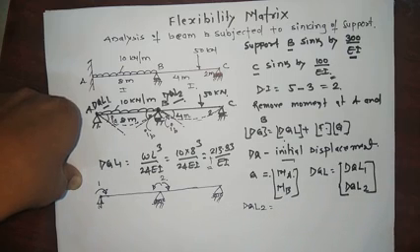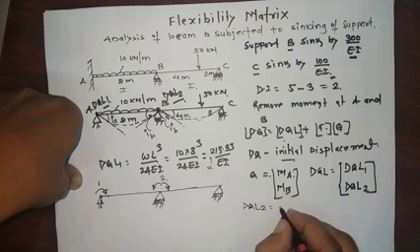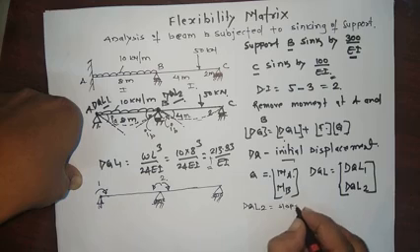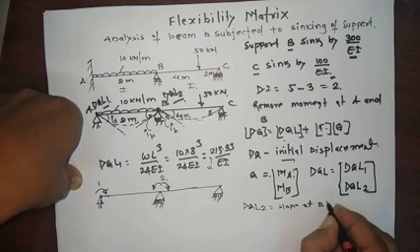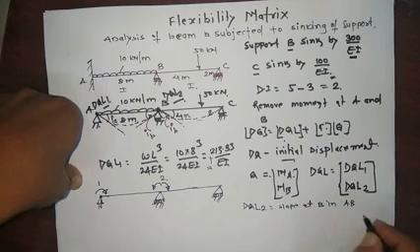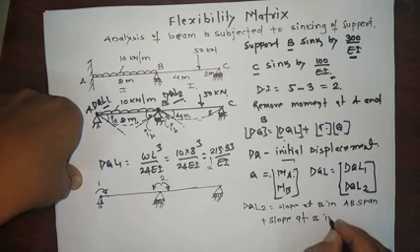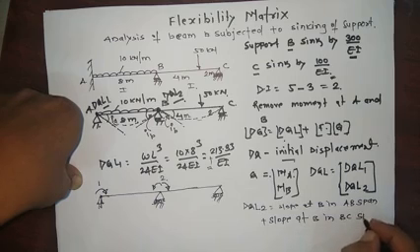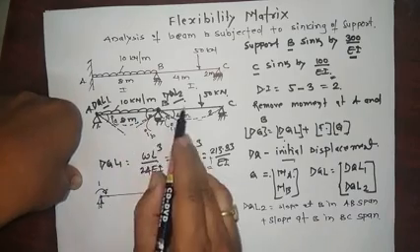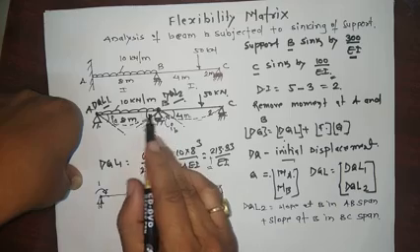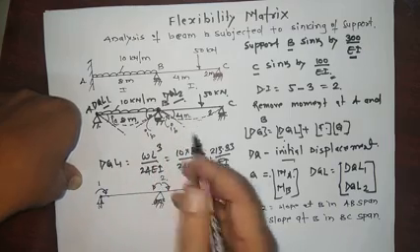That is the slope at B in the AB span and the slope at B in the BC span. So due to these loadings, we have to find the slope at B due to this loading also and due to this loading also.